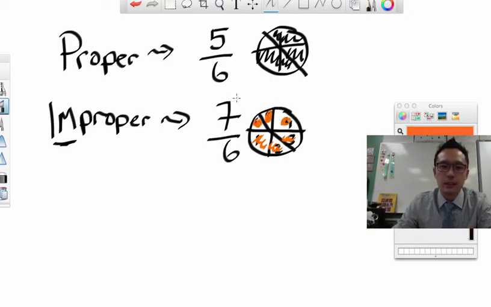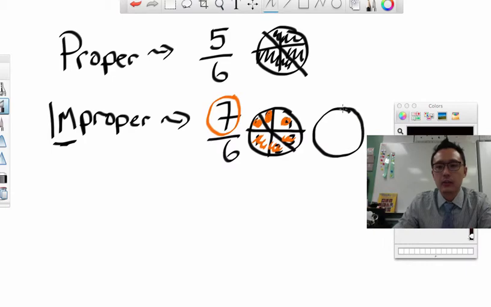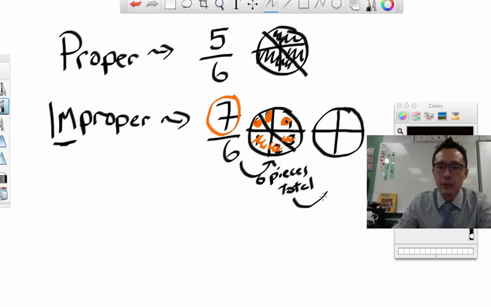But in this one, the top number, your numerator, is saying that you actually have 7 pieces instead of the 6 here. So you have to go and add another pizza. You can't just add one slice, you have to add the entire thing. And this bottom number is saying that you have 6 pieces in total, so when you add a new one, you would have 6 pieces in total as well.